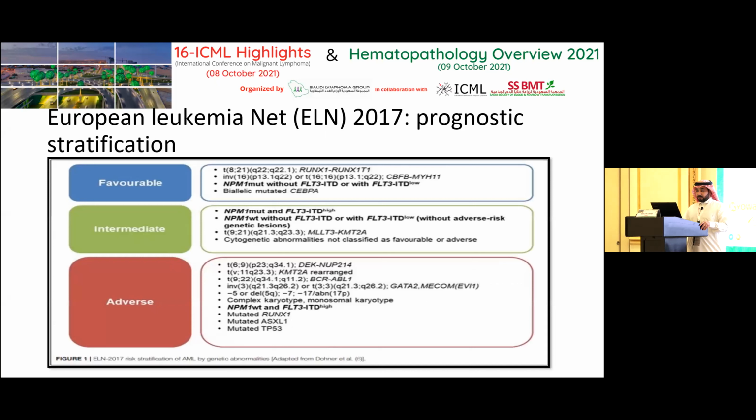The European Leukemia Net in 2017 proposed a prognostic stratification into favorable, intermediate, and adverse.